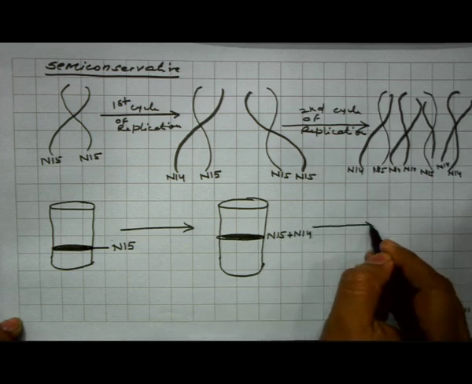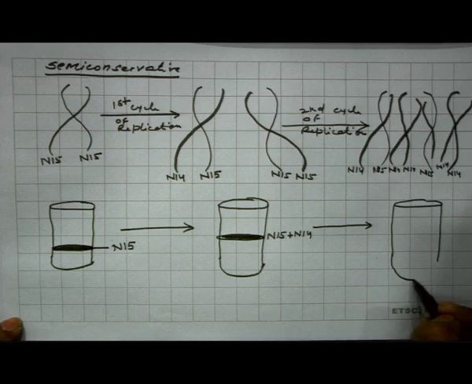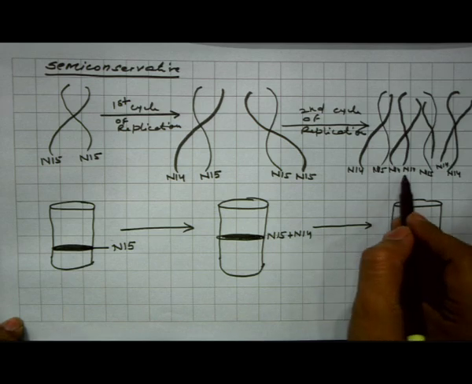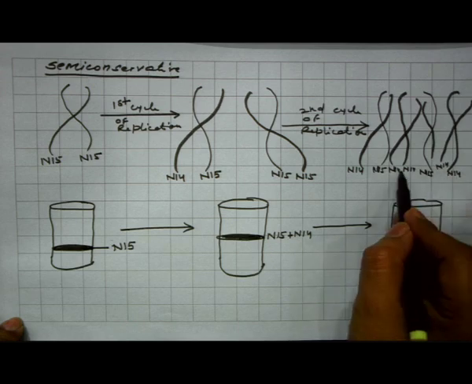and in the second cycle we will get two bands. As we can see here, two DNA molecules have the intermediate of N14 and N15 and two DNA molecules have newly synthesized DNA with all N14.